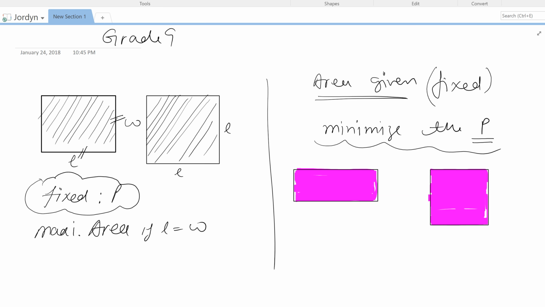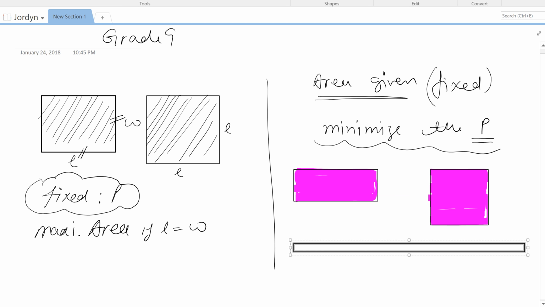Which one is going to have a smaller side length? Let me make one more in order to understand it better. Now all of them have the same area. This rectangle looks like a bar, but the area is the same.